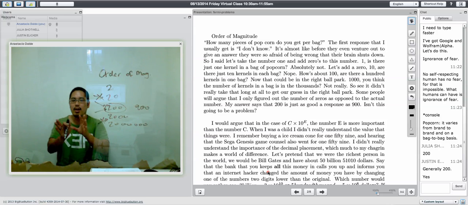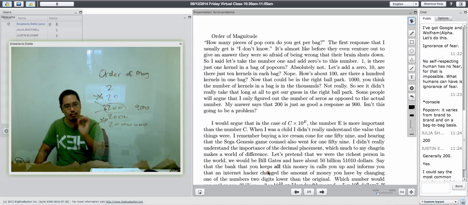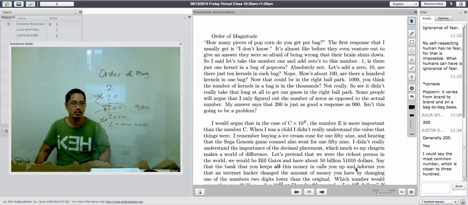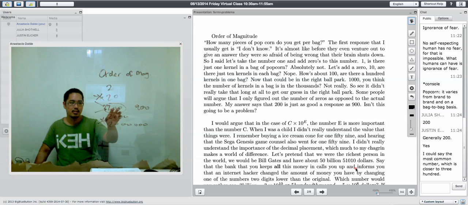So I would argue with you. I would venture to say that the more important number in this answer is not the 2, but the zeros.